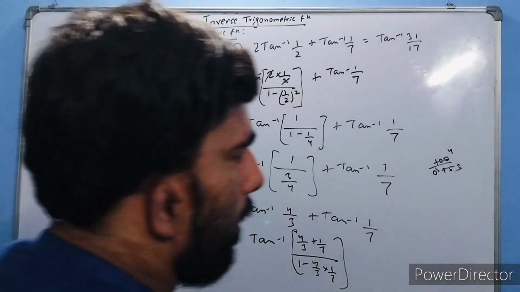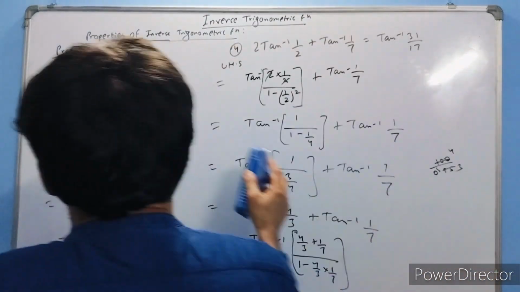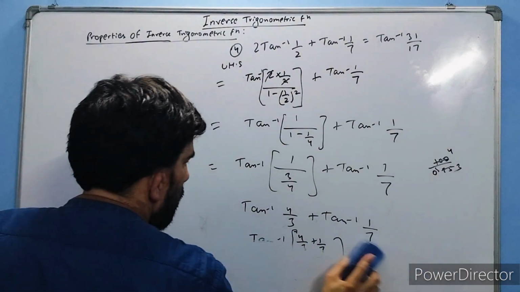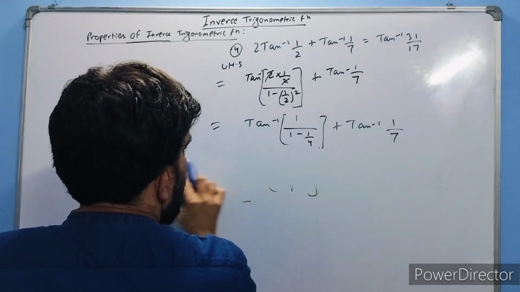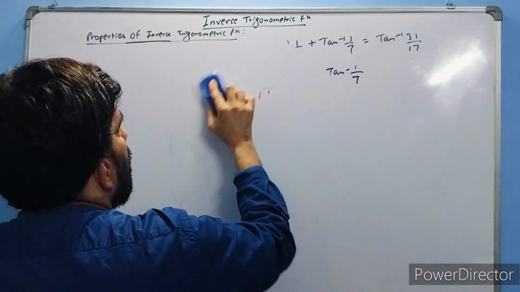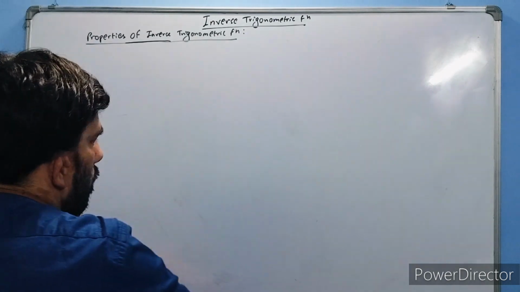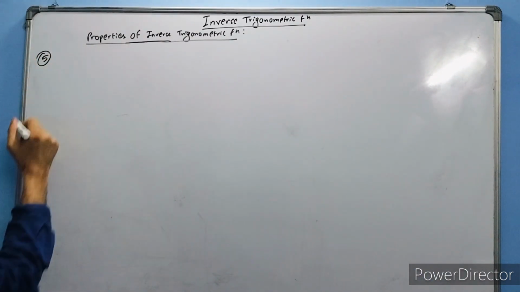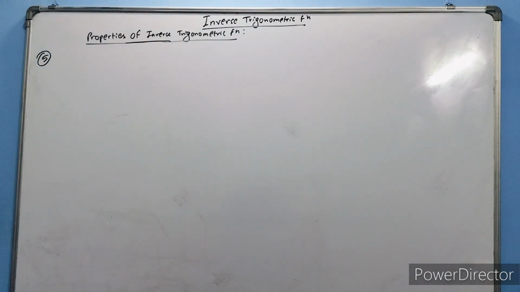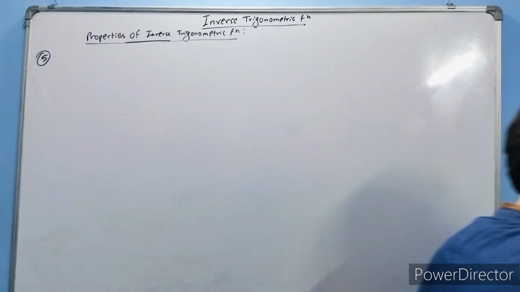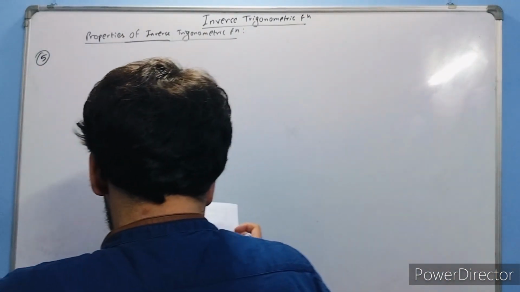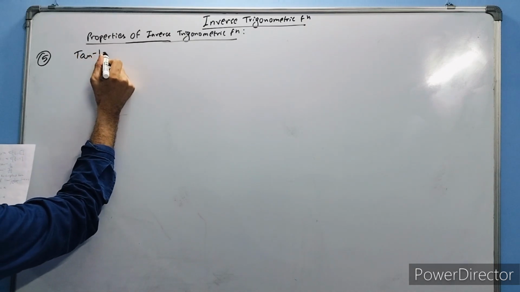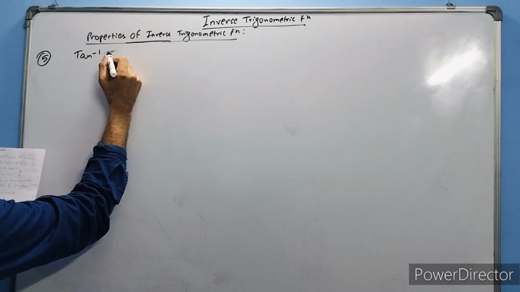Now let us see what the fifth question says. The question is that we need to write the function in its simplest form. So now let us try to solve.